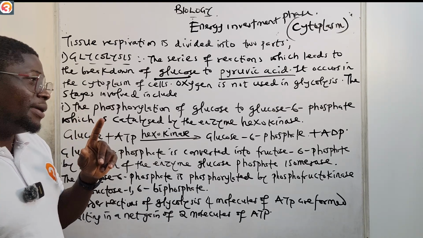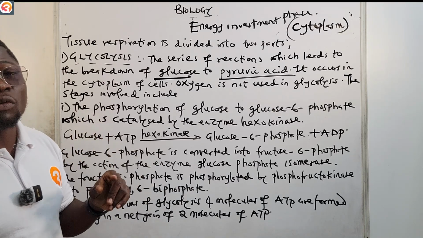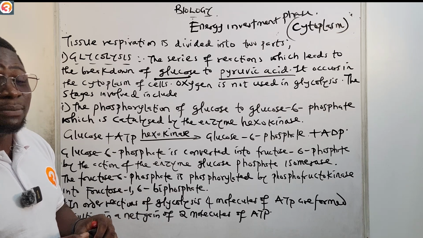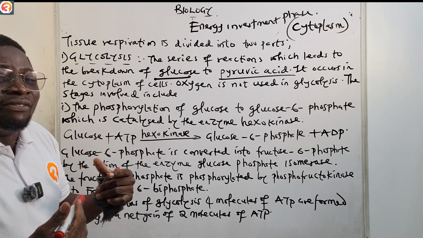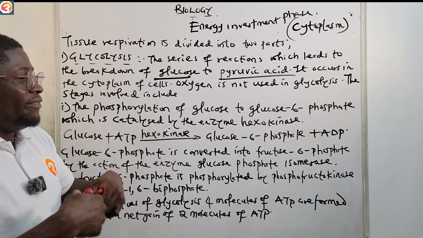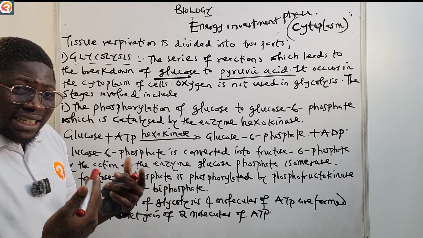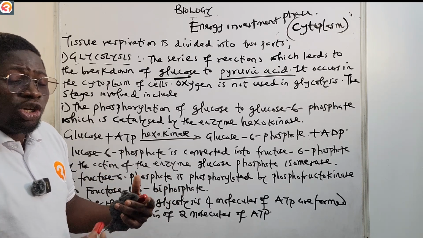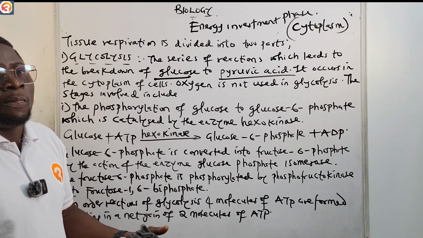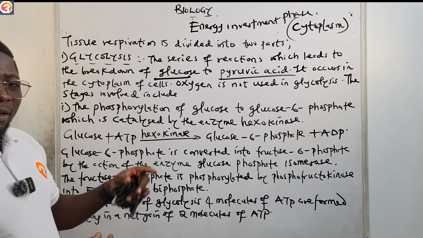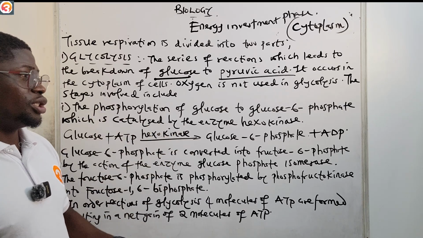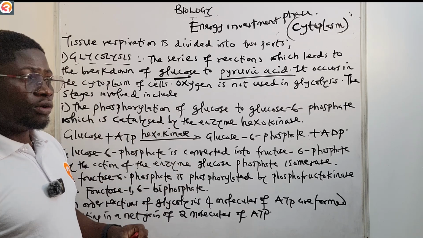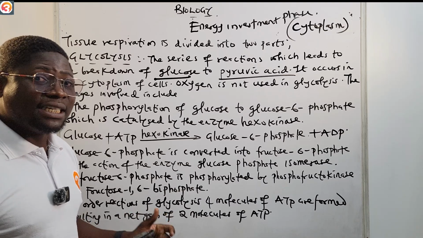So glucose plus ATP. But remember, how many molecules of ATP? 2 molecules of ATP. That is the investment phase. In the first initial phase, the energy investment phase, you are investing 2 molecules of ATP. That gives us glucose 6 phosphate plus ADP.